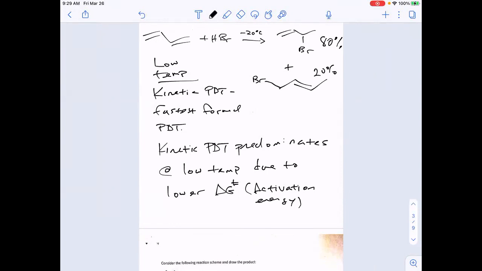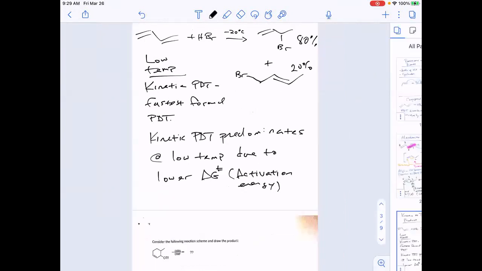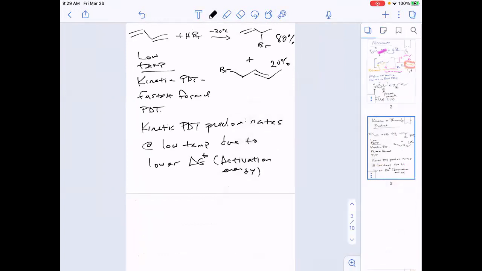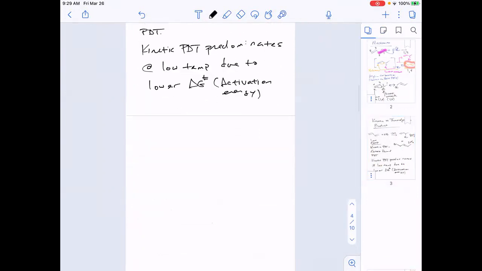All right, let me put another page in here. Didn't realize I was going to need this many blank pages. All right, so take the same reaction and warm it up, let's say to room temperature.